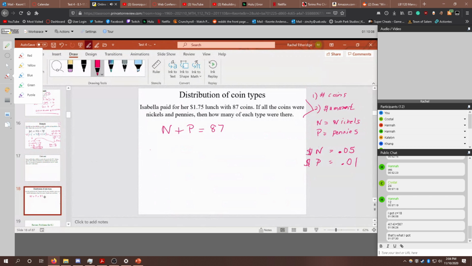So I have 5 cents times however many nickels I have, and then I have 1 cent for however many pennies I have, and that's going to equal $1.75.